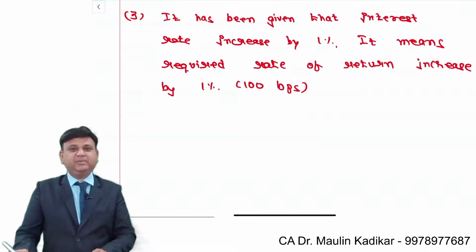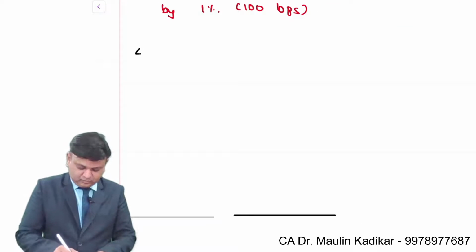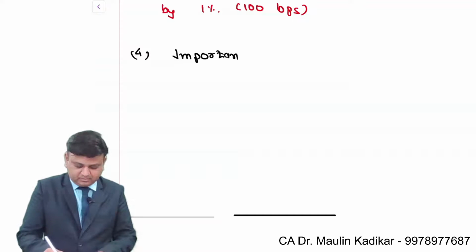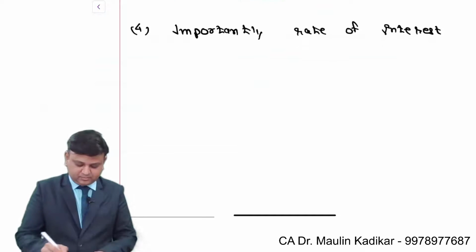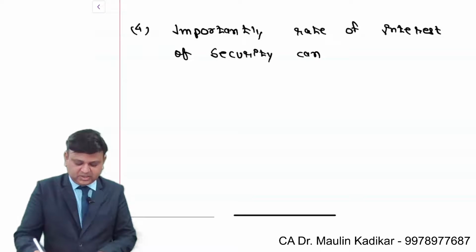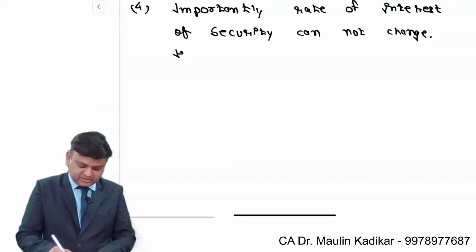That 1 percentage may be given as 100 basis points. Fourth point, importantly, rate of interest of security cannot change. Full stop.